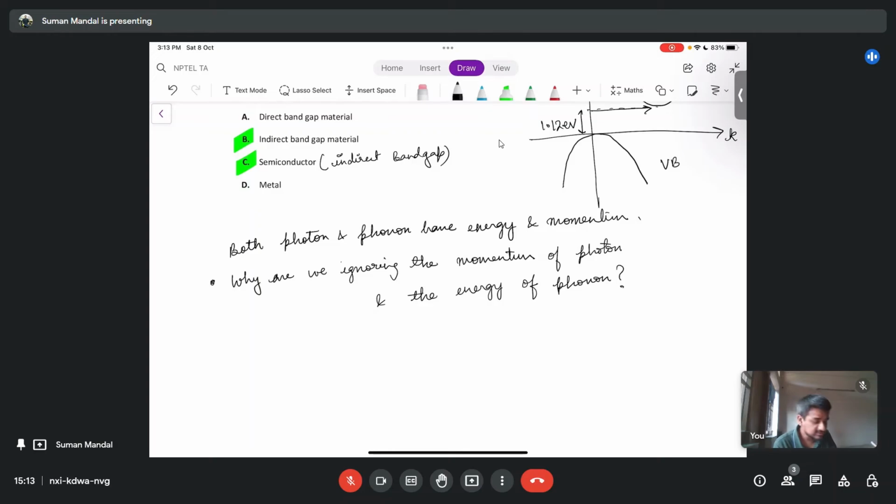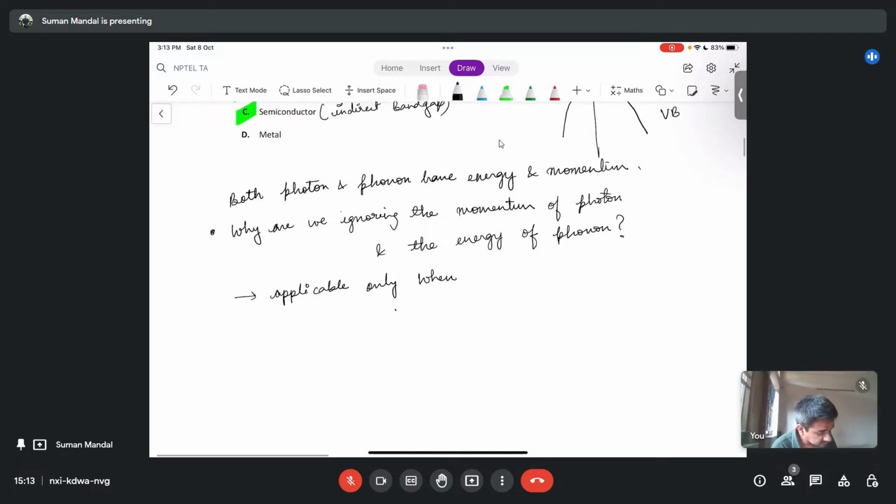So this is allowed, this is applicable only when the energy of photon is much larger than the energy of phonon, and the momentum.